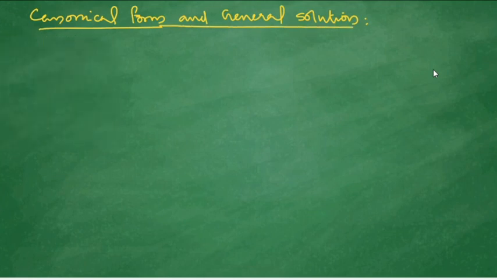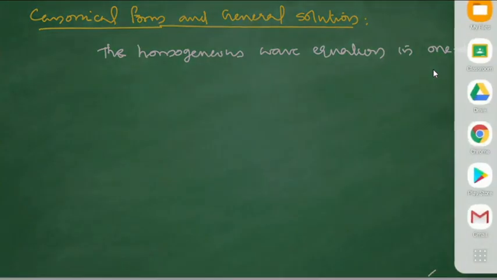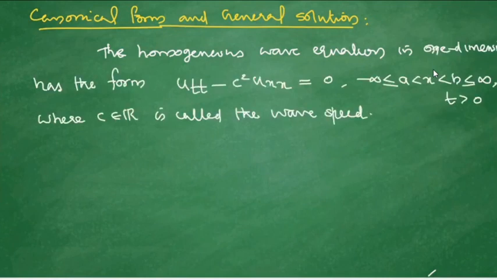The homogeneous wave equation in one dimension is of the form utt minus c square uxx equal to 0, where minus infinity less than or equal to a, less than x, less than b, less than or equal to infinity, t greater than 0.